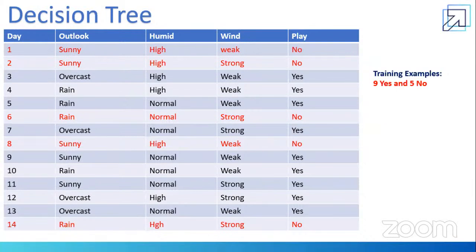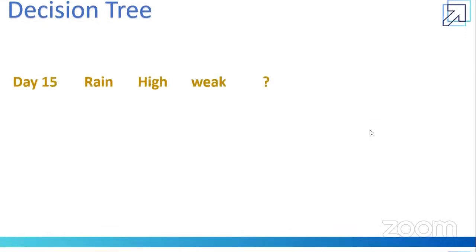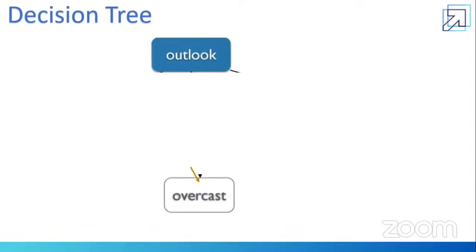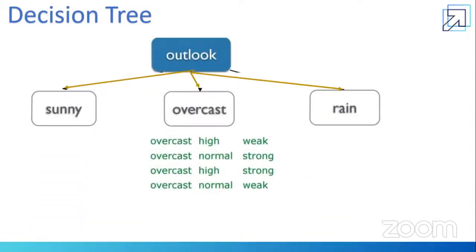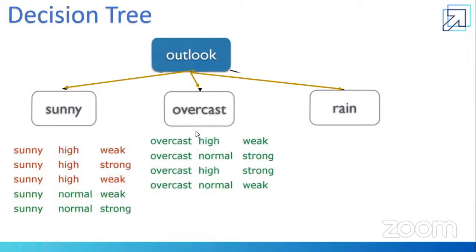So whatever is the value for humidity and wind, if the outlook is overcast, the child can always go out to play. In case the outlook is sunny, if the humidity is high, no matter whether the wind is weak or strong, the child cannot go out to play.